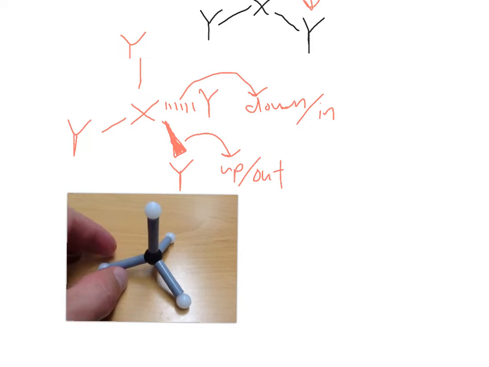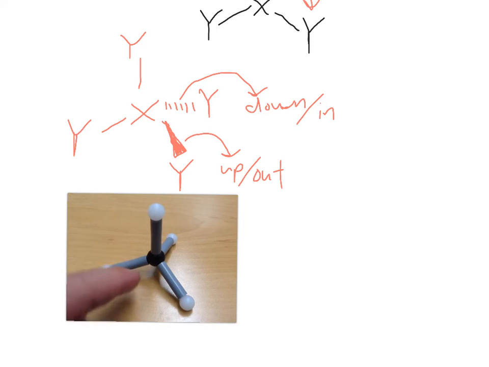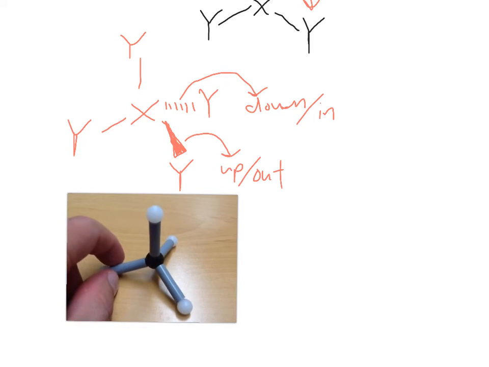What's on the screen in this video is that XY4 type, where the black sphere represents a carbon atom, the central atom, and the white spheres represent the bonded atoms.